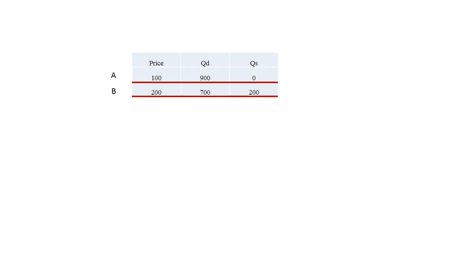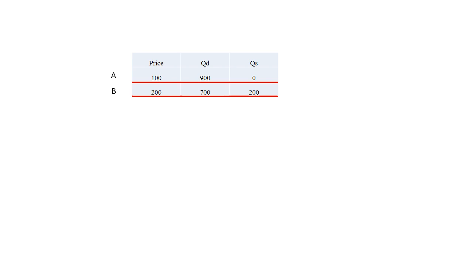And at point B, when the price is equal to 200, quantity demanded is equal to 700 and quantity supplied is equal to 200. Why do I say that you can use any 2 points? Because the demand curve is a linear function, and the supply curve is also a linear function.